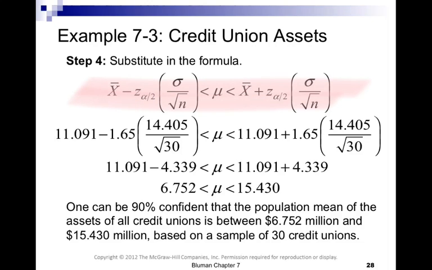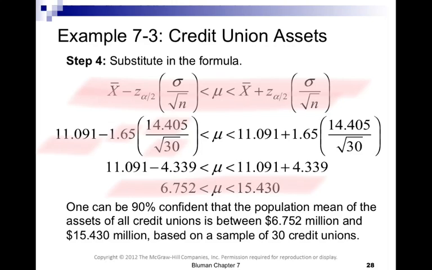We put those numbers that we found in. This is our X bar, the 11.091. This is our Z that we discovered. Our sigma over the square root of the sample size is subtracted from our mean. Over here, it's added to our mean on the right of mu. So we get our range down here.